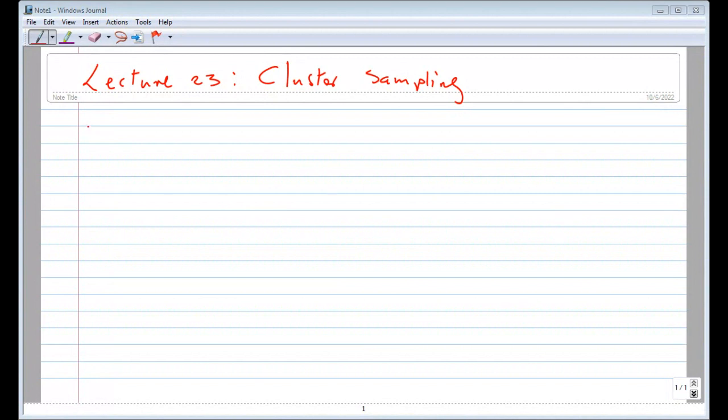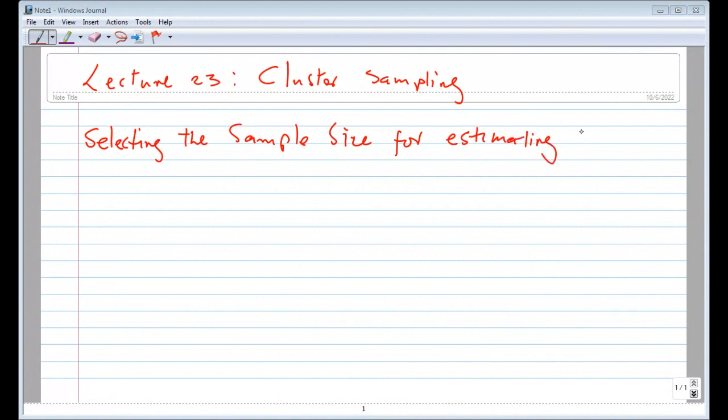Like I said, is the selecting the sample size for estimating the population mean, or let's say means and totals.